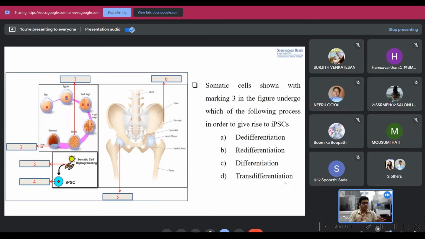Somatic cells shown with the marking 3 in the figure undergo which of the following processes in order to give rise to iPSCs? The options are differentiation, redifferentiation, de-differentiation, and transdifferentiation.